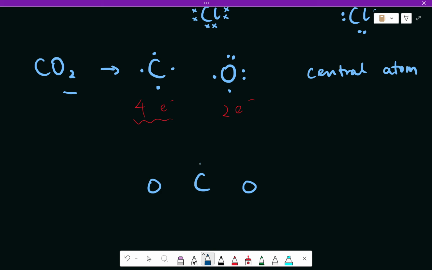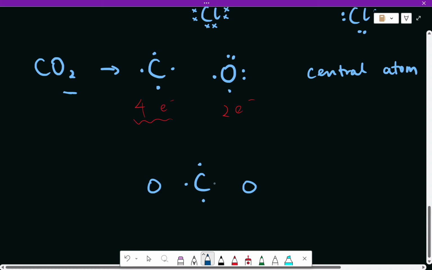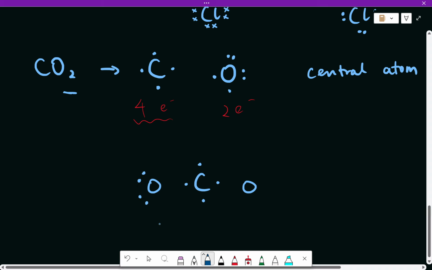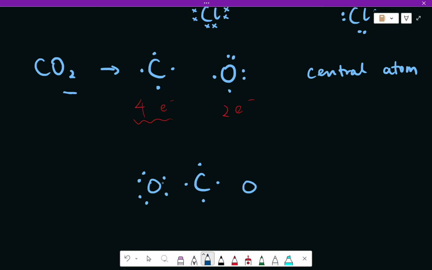So as we know, we have 4 bonding electrons for carbon, and we have 2 lone pairs that do not participate in this bonding process, and 2 bonding electrons for oxygen that do participate in the bonding process. And the same thing happens on the other side.